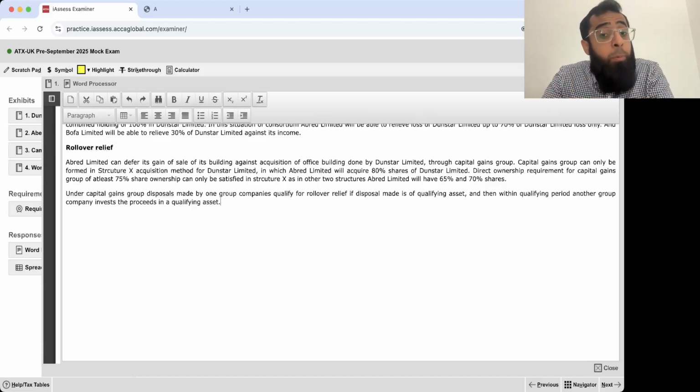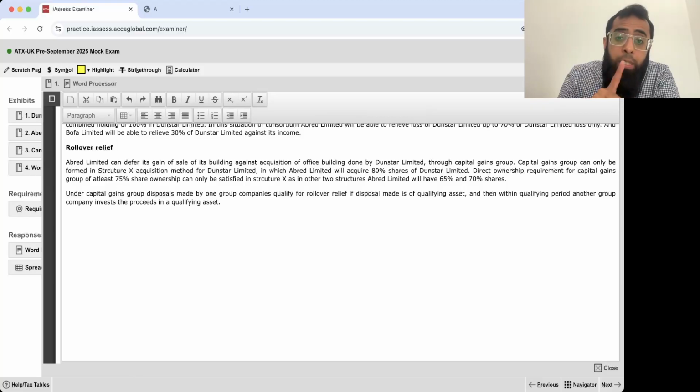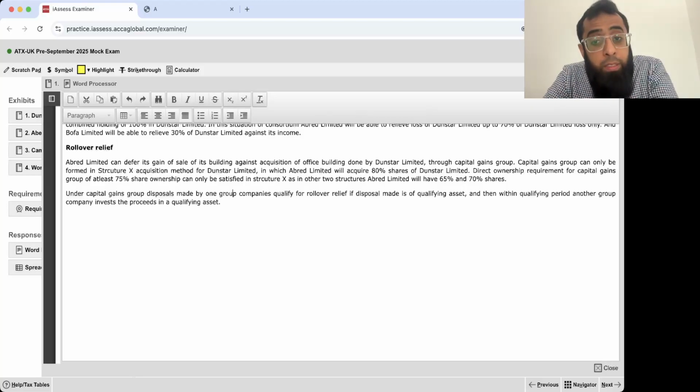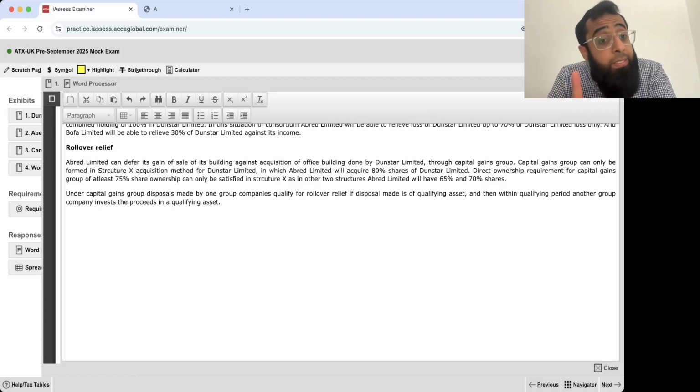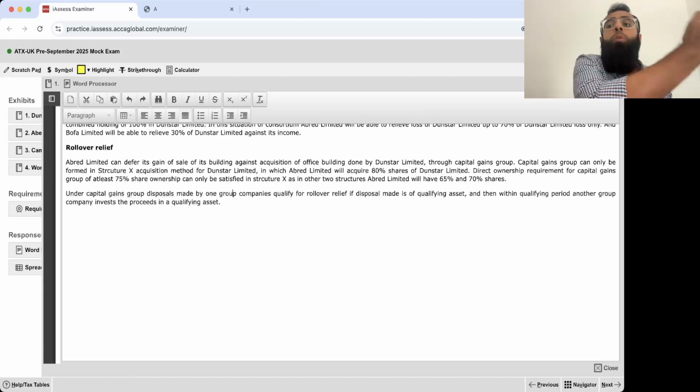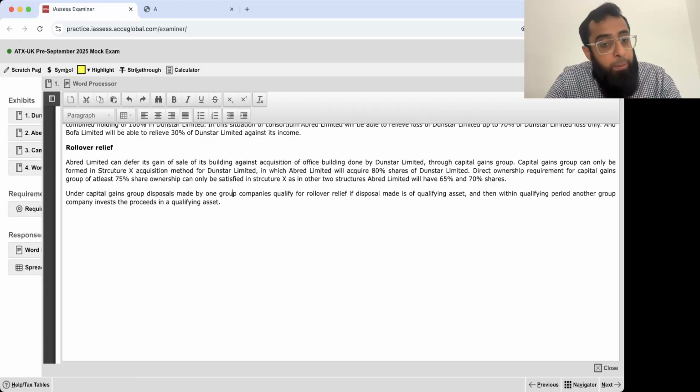So they all are selling buildings, and the acquisition is also a building. So a building is a qualifying asset, and the qualifying time period is 1 year before and up to 3 years after the disposal date.